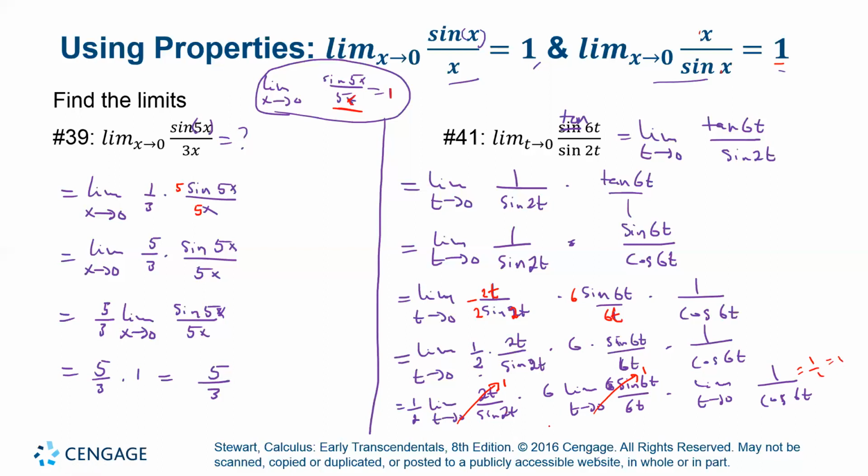So your answer is going to be 1/2 times 6 times 1, sorry, times, not plus, actually, it's times. Okay. So the answer will be equal to 1/2 times 6 times 1, which will give us 3.